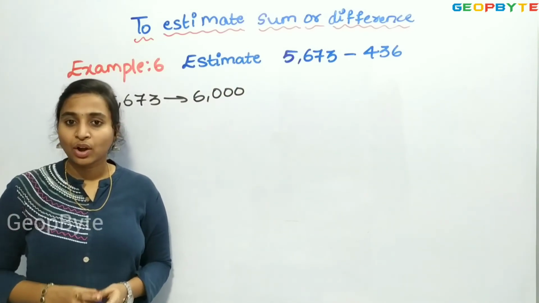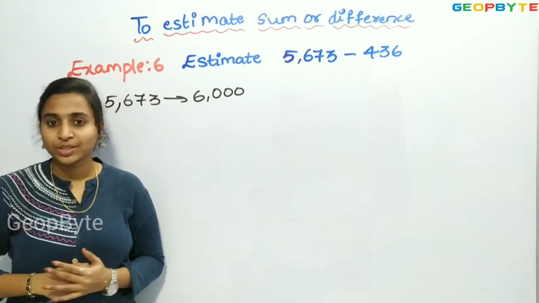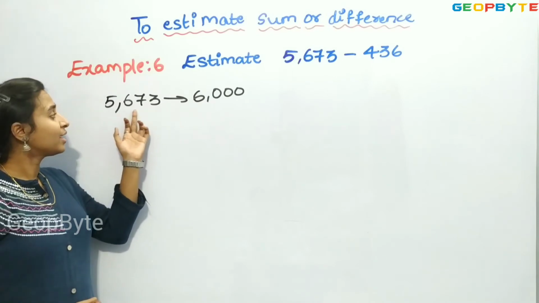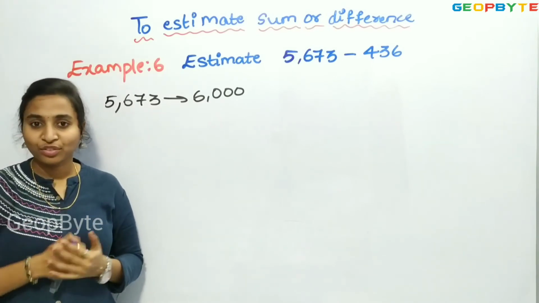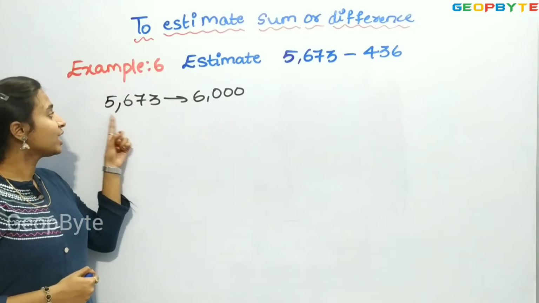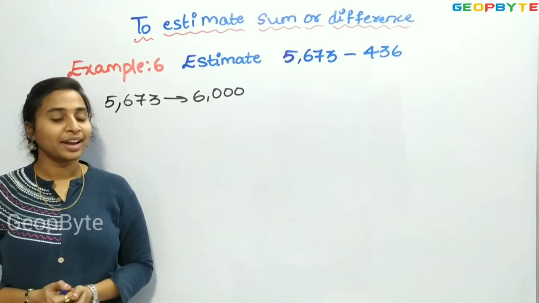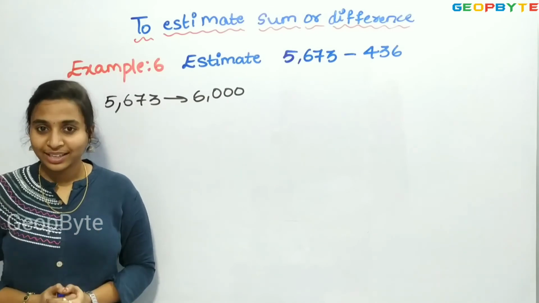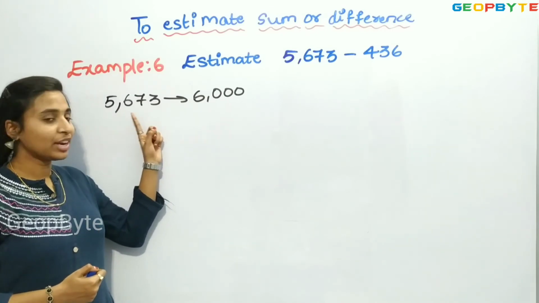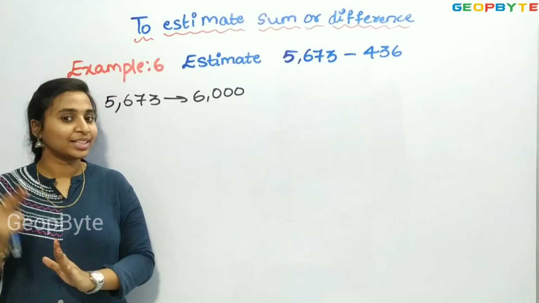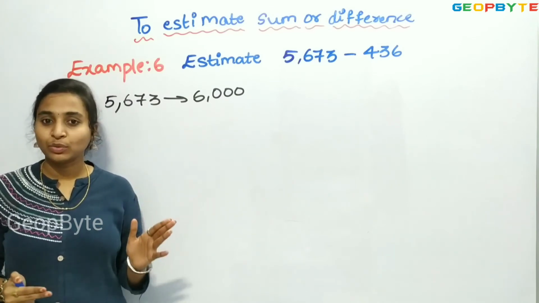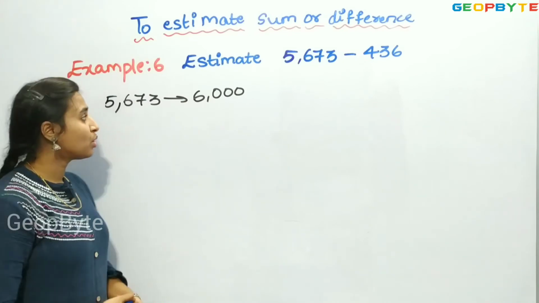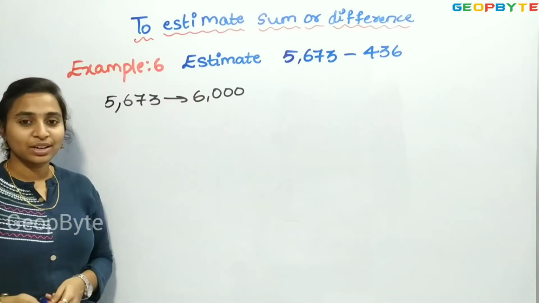As we are rounding off the numbers to thousands, we will consider 3 digits and these 3 digits are above 500. Right? Actually, 5,673 lies between 5,000 and 6,000. So, in that case, this is more than 500. So, we will consider the next one, 6,000. So, we will round off to 6,000.